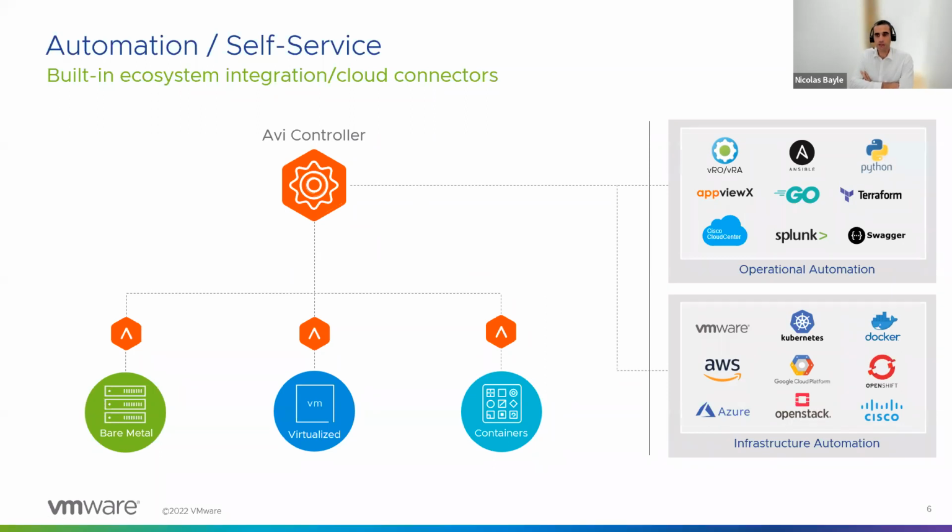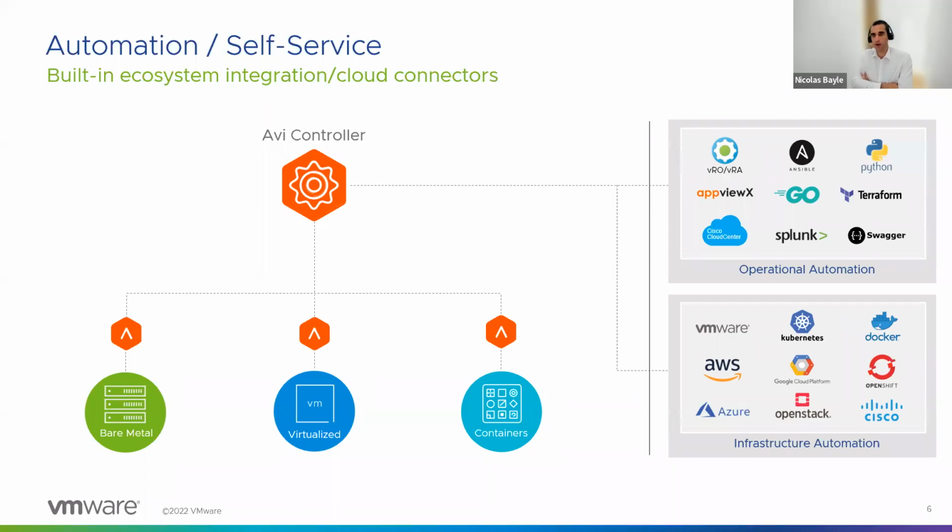So of course, AVI relies 100% on top of a REST API. And then after, it's your choice. You have many tools out in the market that you can leverage to automate AVI itself. You can see some of them in this slide here. If you are a big fan of VMware products for automation, you want to use VRO or VRA to automate AVI.